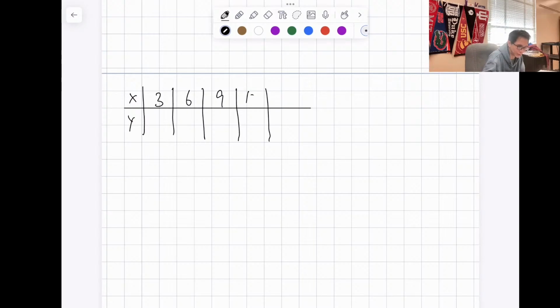Do you see that each interval is the same? 3, 6, 9, 12, 15. And I'm going to give you some numbers. Probably 8, the second one 6, the third one 10, the fourth one 16, and 4, something like this. So we have x and y values, and we say f of x is equal to y.